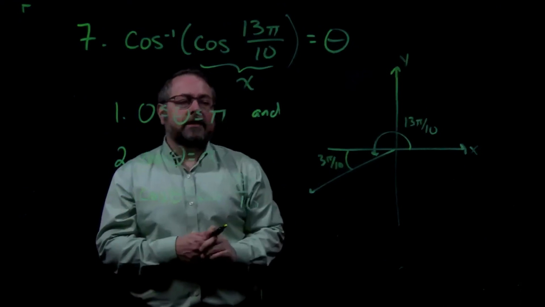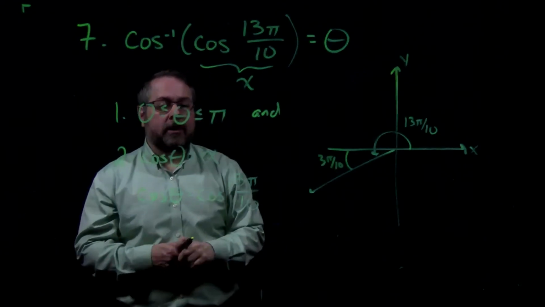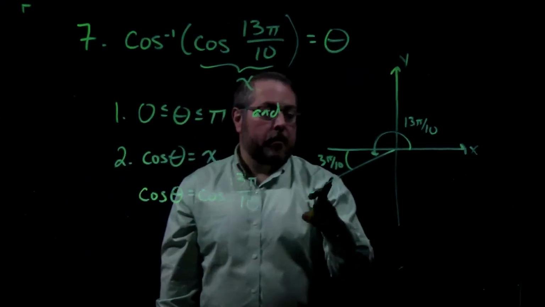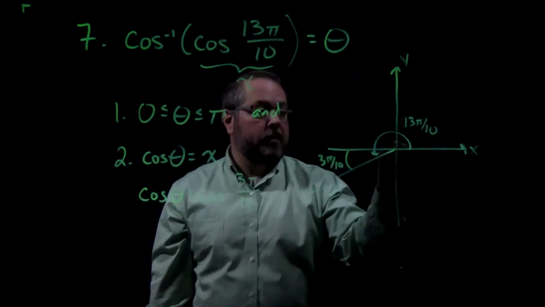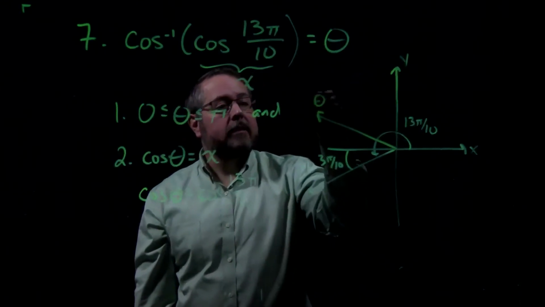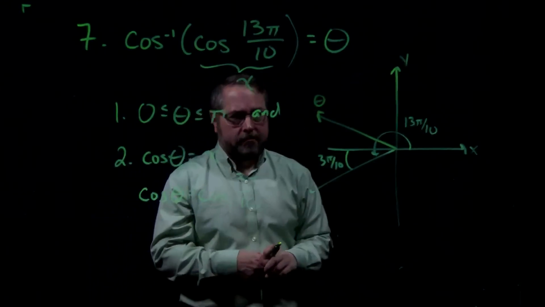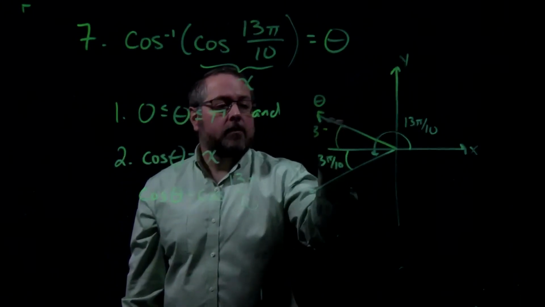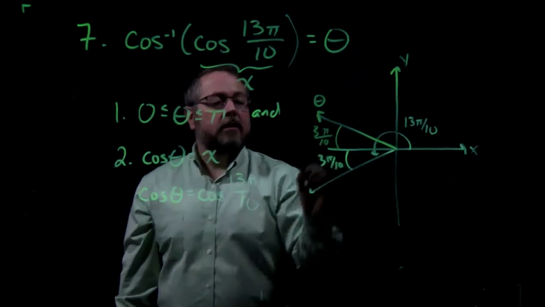We want to know what angle in the first or second quadrant has that same cosine value. Since we're in the third quadrant, the cosine value will be negative, which means the angle we're interested in is going to be in the second quadrant. And it has to have the same reference angle for the cosines to be the same.